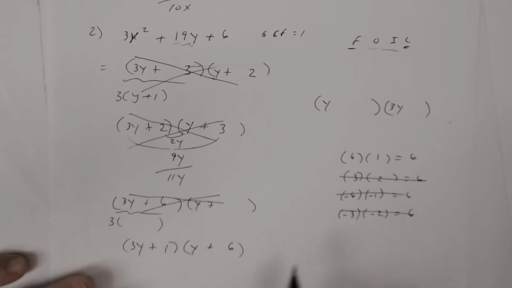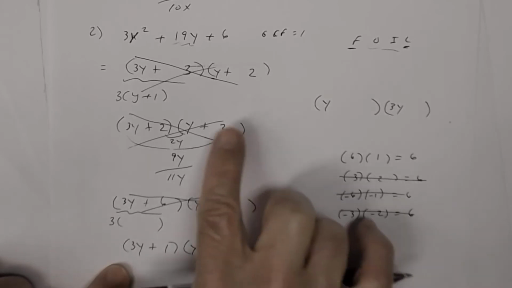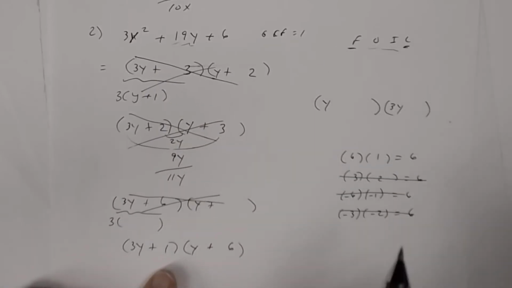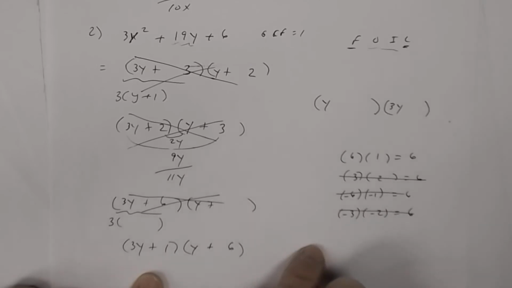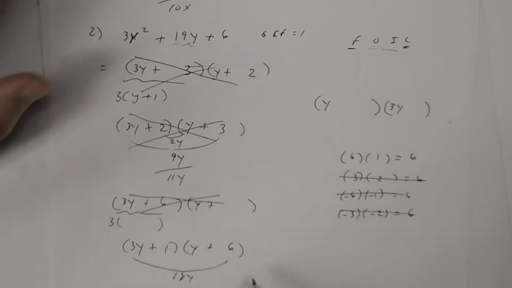All right, so let's check. Again, check as you go. 3y times y is 3y squared, so I'm good with my F. Let's look at the last. A positive 1 times a positive 6 is a positive 6, so I'm good with my L. Let's do the outer and the inner. The outer is 18y because 3y times 6 is 18y.